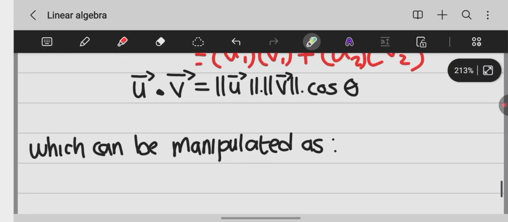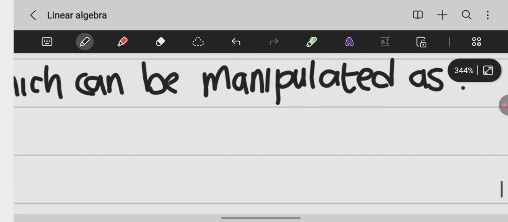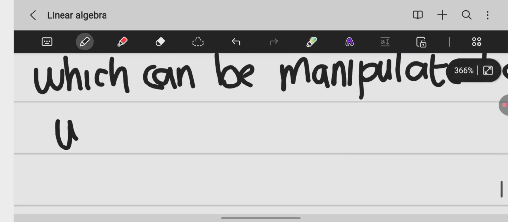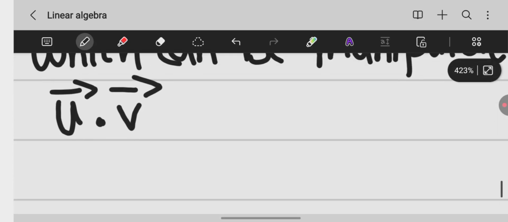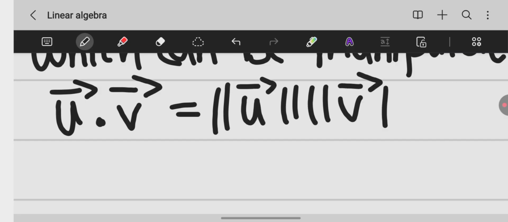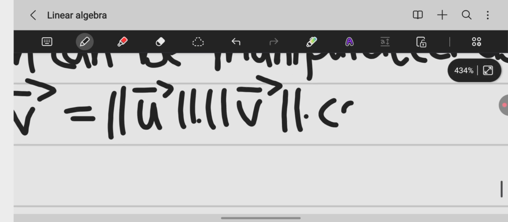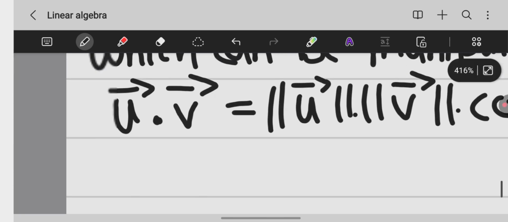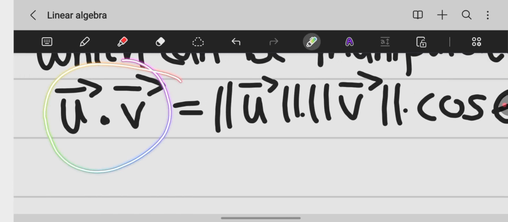And this formula, this second formula that I showed you, it can be manipulated as this. So remember what dot product is. If you have the vector u dotted with the vector v, like this, okay, let's rewrite: the magnitude of u, magnitude of v, and cos theta. For this side, you know what the dot product is.